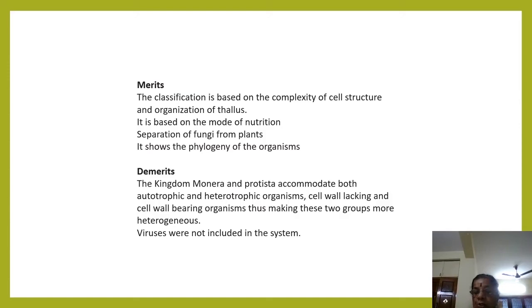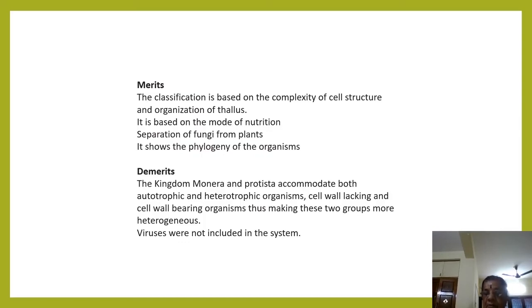And it is based on mode of nutrition. Nutrition is normally autotrophic in all green plants. Heterotrophs are parasite, saprophyte and symbiotic association, right? And then separation of fungi from plants, and it shows phylogeny of the organisms. And the demerits: Kingdom Monera and Protista accommodate both autotroph and heterotroph organisms, and cell wall lacking and cell wall bearing organisms.